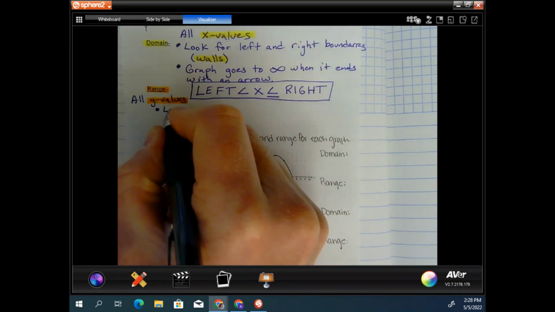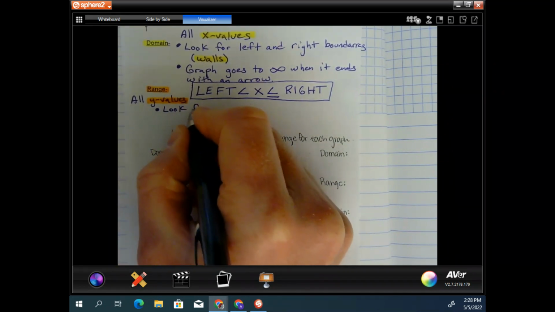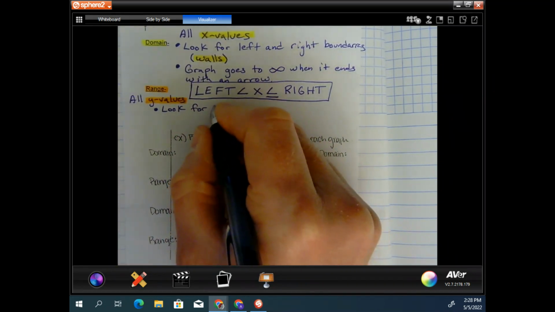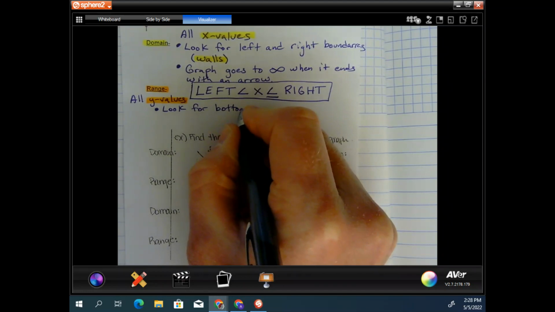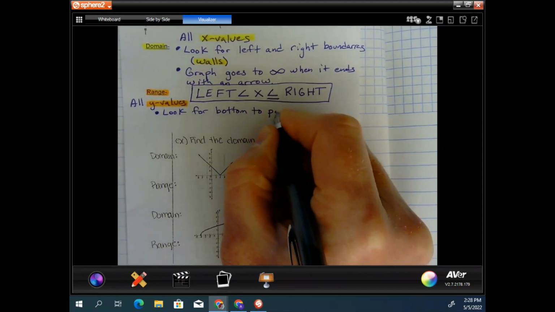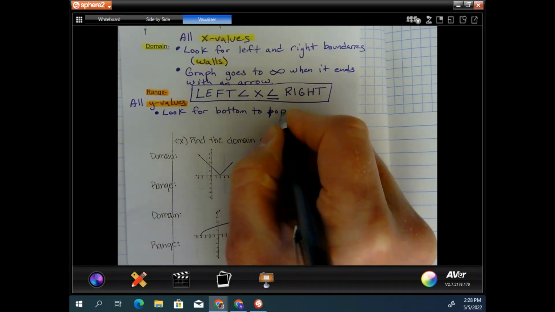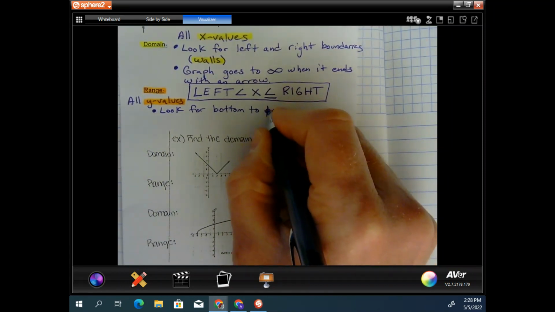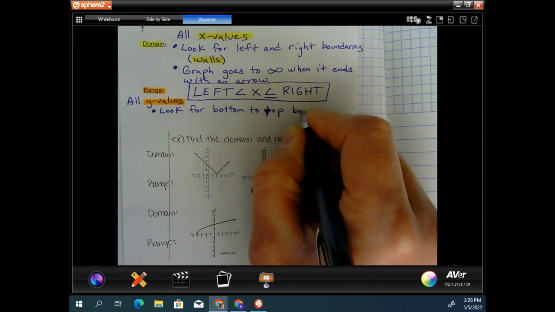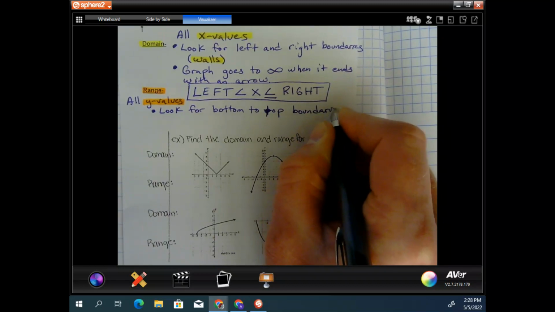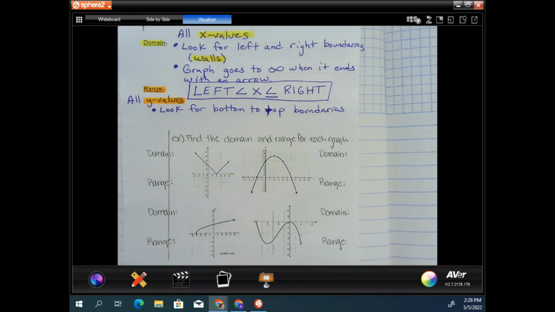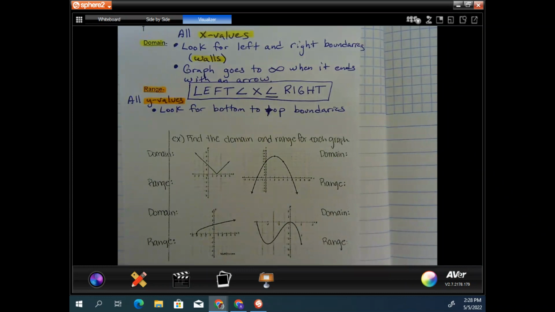You want to look for bottom to top boundaries. And remember, we might have referred to that as our floor and our ceiling before.